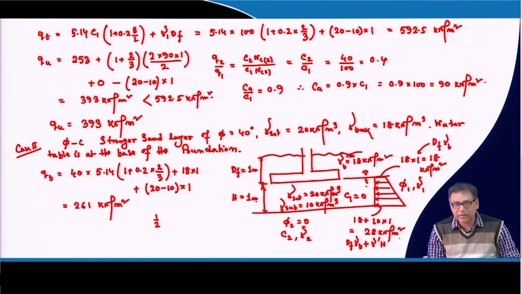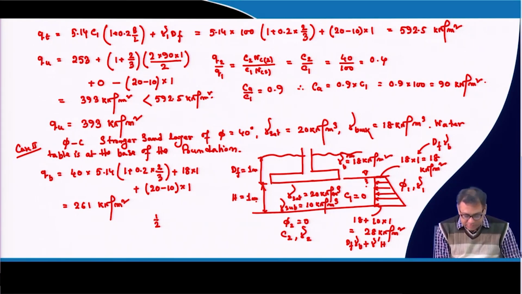I am only considering the effective overburden part, because K has already been multiplied in the general equation. I am just calculating the force, without considering K A, only the overburden vertical force part, because you have to multiply with the K to get the lateral earth pressure.